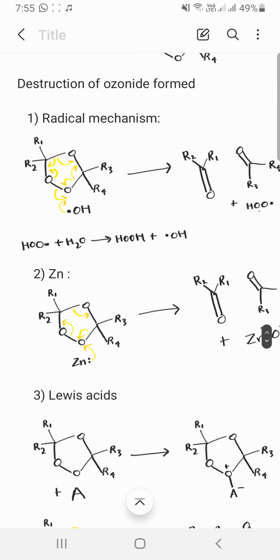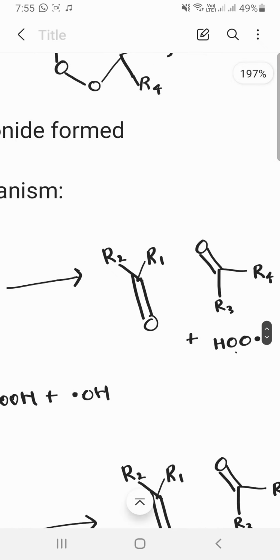So in oxidative ozonolysis, it reacts with peroxide and produces this thing. If one of these was an aldehyde, then the peroxide will convert the aldehyde into an acid.